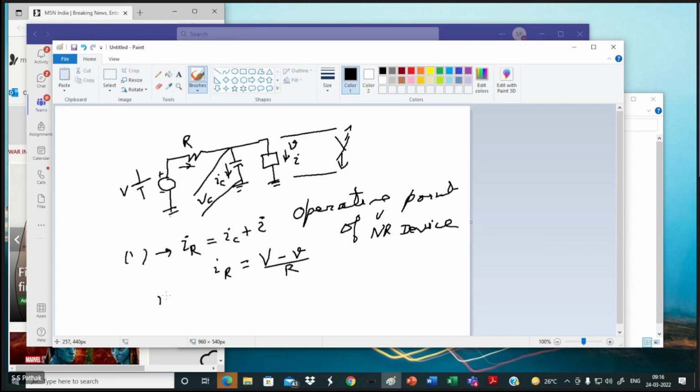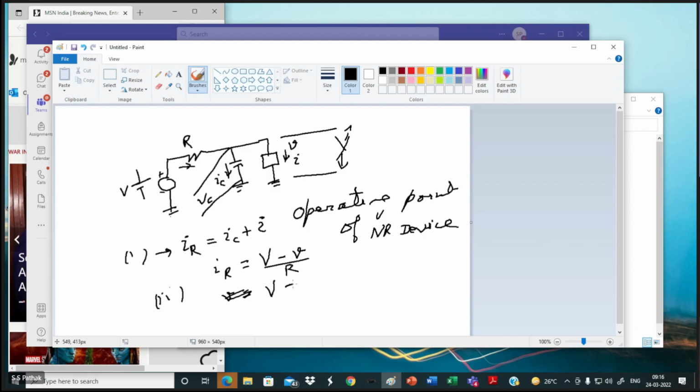And equation number 2 I can derive as your V, that is equal to your VC, or you can put here something like that.